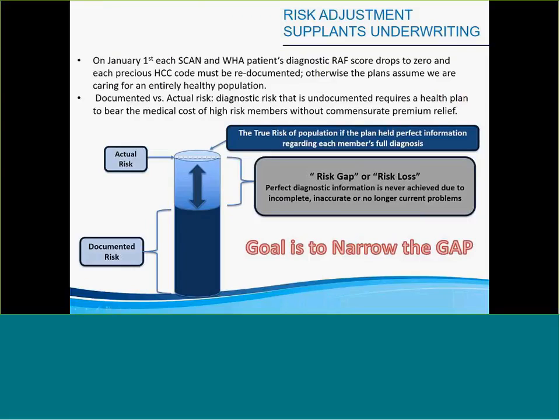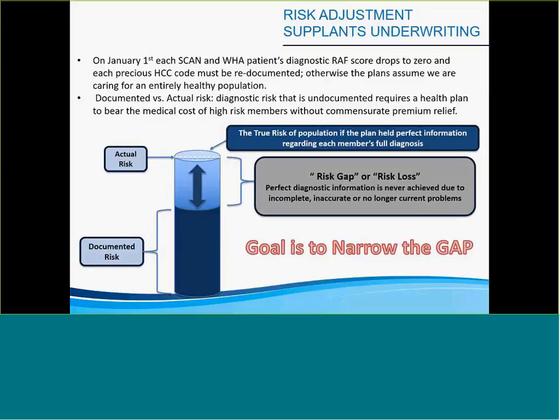What to do with these programs and these educational efforts is to take the documented risk, which is the blue cylinder, and add to it the actual risk that you are already providing care for.